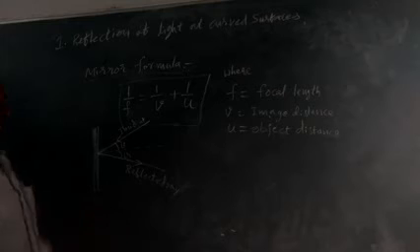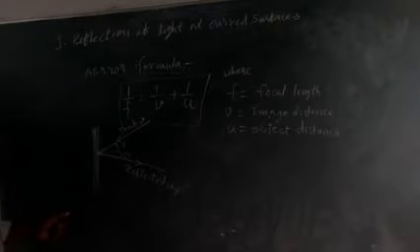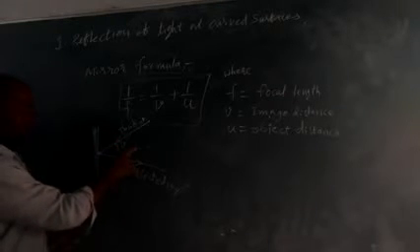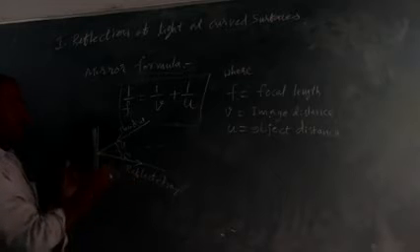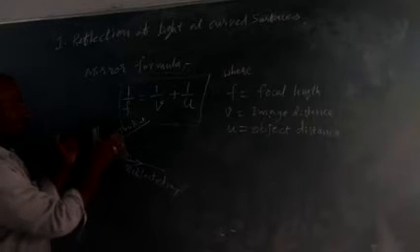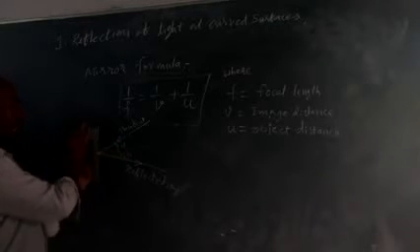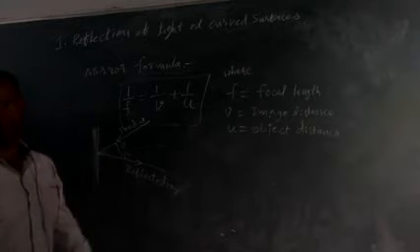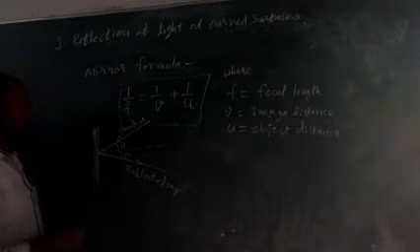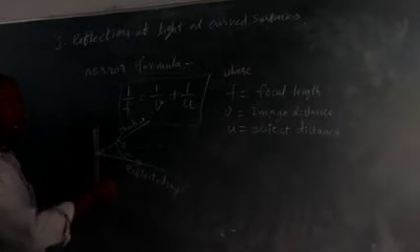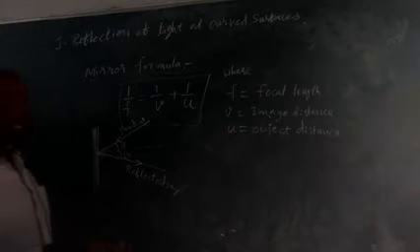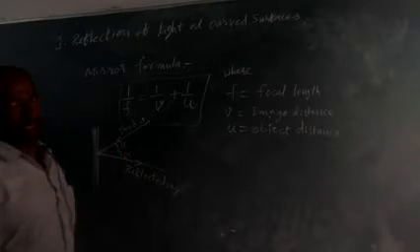Already we said three laws are followed. What are the three laws? The incident ray, normal, and reflected ray all lie on the same side of the surface. That is the first law. The second law is that the incident ray and reflected ray are present either side of the normal line.